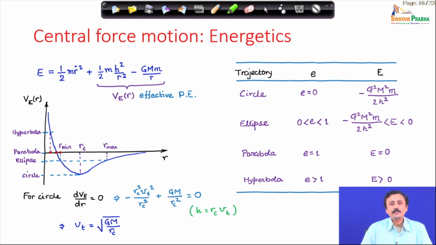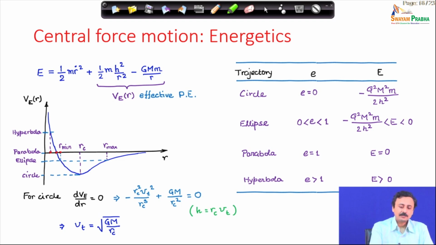And we also studied the effective potential energy, and we have plotted the effective potential energy and the various levels of energy that we have.